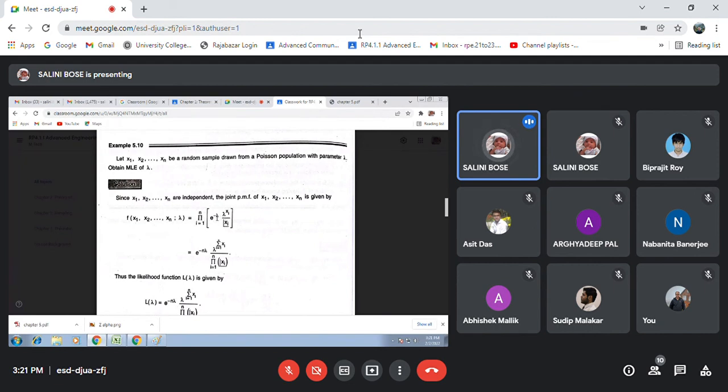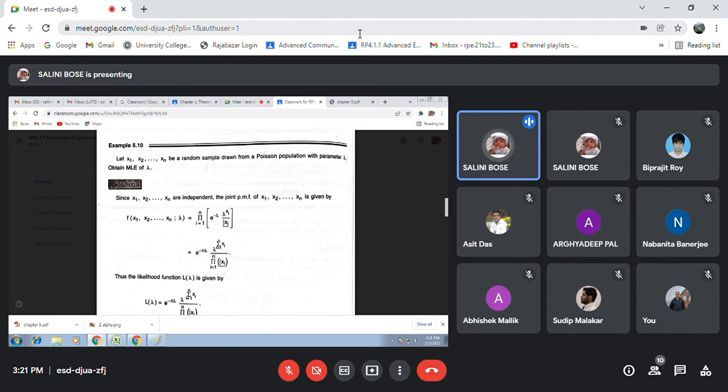In summation we write summation, but when the product term is there and you have to multiply n times, you write this pi form. Similarly, e to the power minus n lambda into lambda to the power summation of xi, i equal to 1 to n, and this also has a factorial, so that will also be pi of i equal to 1 to n.